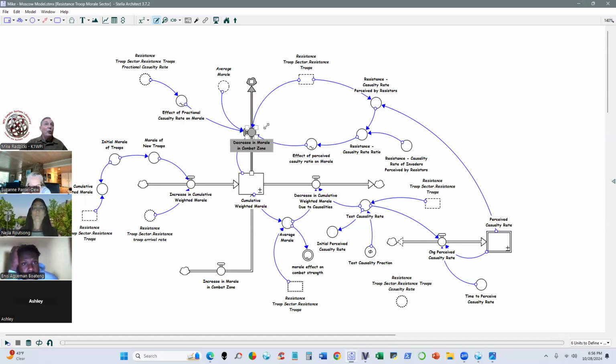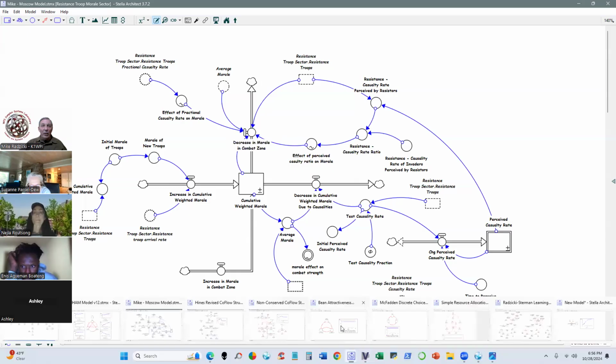If they feel they're losing, they're depressed, while they're there on the battlefield, they're losing morale, and then wins would help them. So he could have made a buy flow here. I can't remember exactly. This is the one that I had in my files, so this is the one I'm showing you. But wins are going to raise it, and as you think you're losing, it's going to reduce it. Okay.